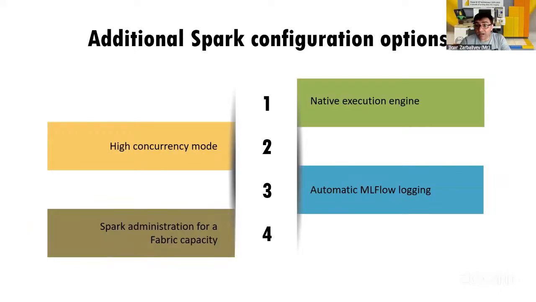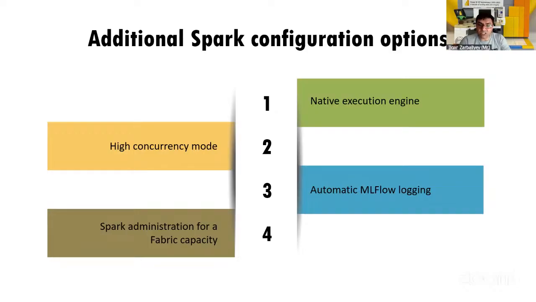Finally, let's look at Spark administration at the Fabric capacity level. While many Spark settings can be configured within individual workspaces, administrators also have the ability to manage Spark settings centrally at the Fabric capacity level.